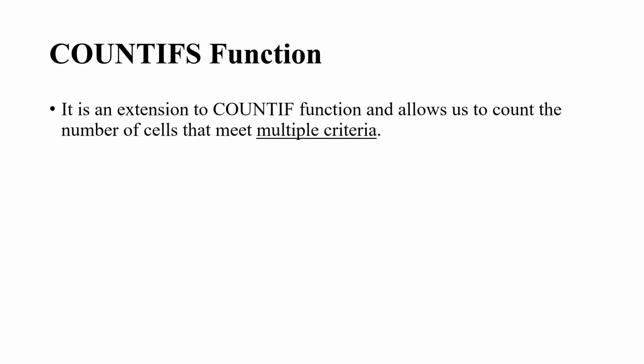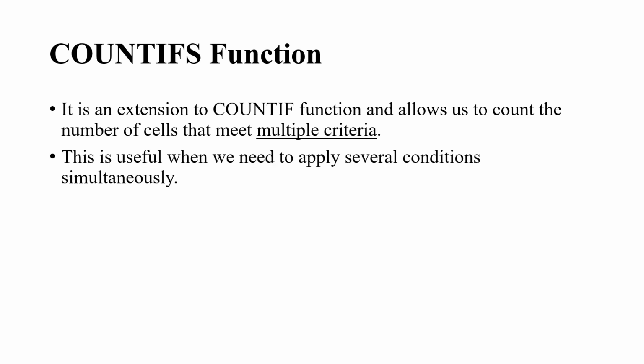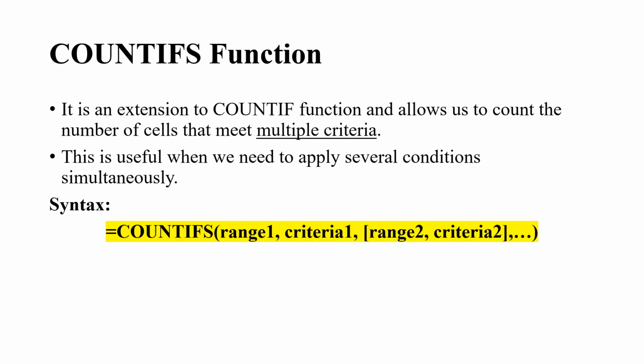The next is the COUNTIFS function, which is basically an extension to the COUNTIF function. It allows us to count the number of cells that meet multiple criteria. This is useful when we need to apply several conditions simultaneously. For the syntax, we just have to write equal to COUNTIFS, range 1, criteria 1, range 2, criteria 2, and so on and so forth.